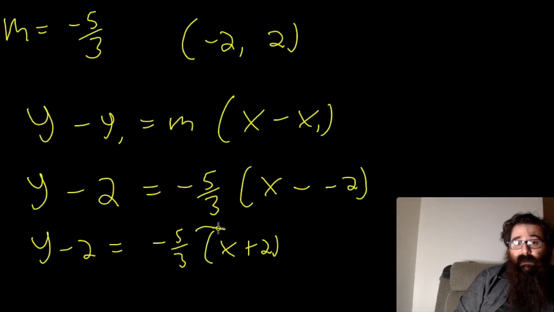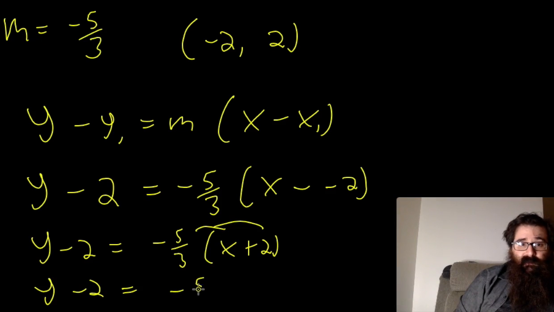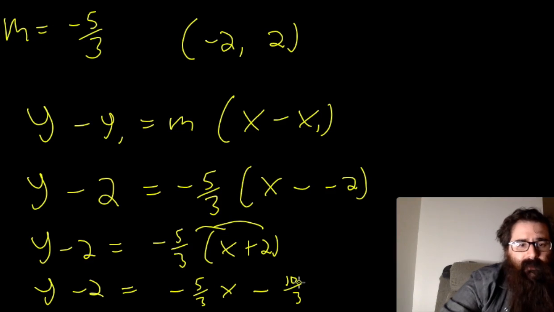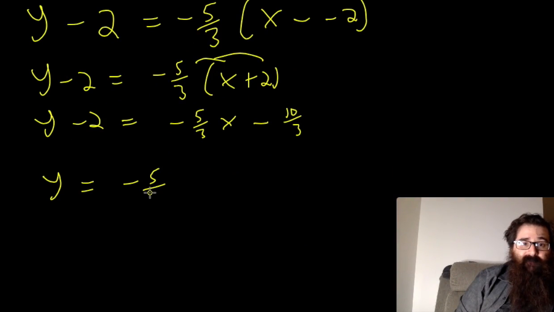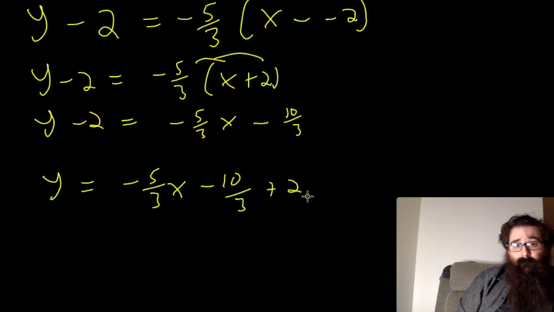And I can distribute into the parentheses. Of course, I want to do that. y minus 2 is equal to -5/3 x, and then minus 5/3 times 2 gives me 10/3. And then I just want to add 2 to both sides, solving for y. So y is equal to -5/3 x minus 10/3 plus 2. And I should get a common denominator here.